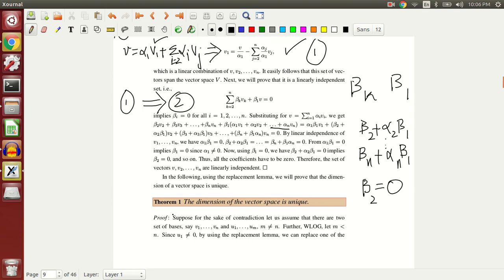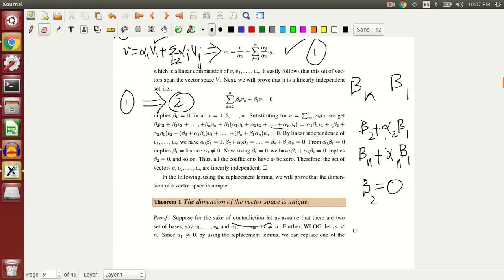So the way you prove it is a proof by contradiction. Suppose that the dimension is not unique, and let's say there are two sets of vectors, v1, v2 till vn, and u1, u2 till um, and let's say m and n are not equal, and without loss of generality, m is less than n.